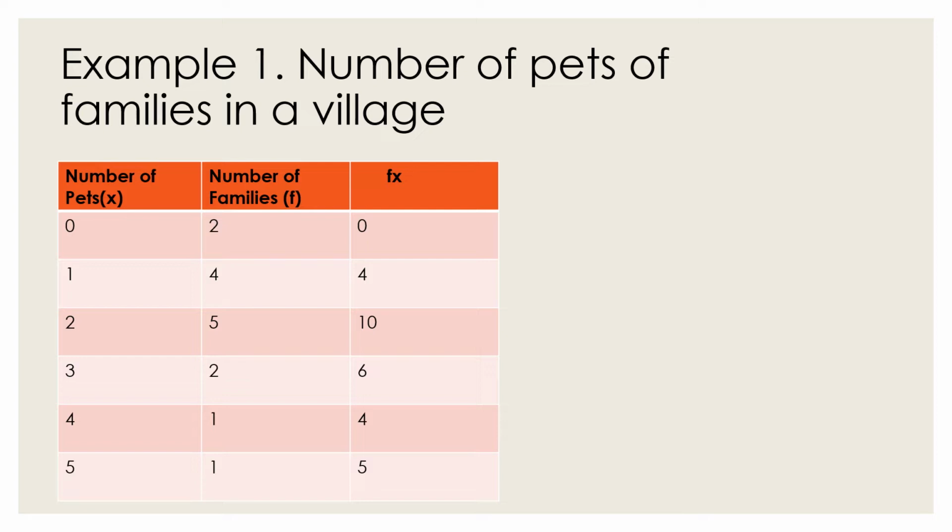Okay, so to get the mean here, you need to use the formula, the sum of fx over n. If we add this, we have 14 plus 6, 20, plus 9, 29. Let me check. 14 plus 6 plus 9 is 29.